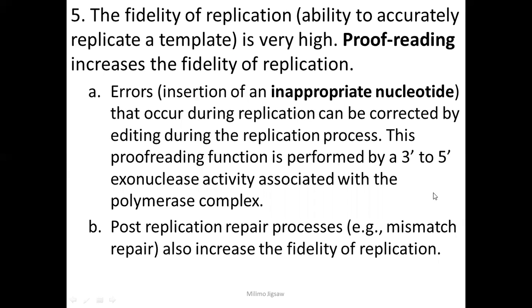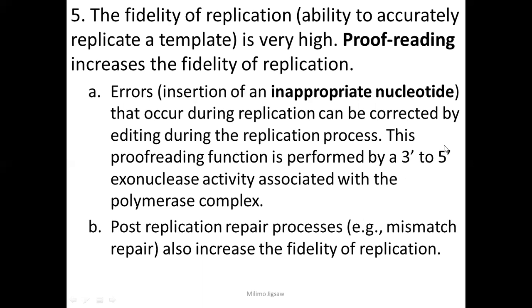By the exonuclease activity of the polymerase enzymes, these are going to be replaced. For example, if where there is supposed to be thymine, a wrong base of uracil is placed there, or guanine bonding with adenine, that needs to be replaced by an appropriate base. So that is a proofreading function.